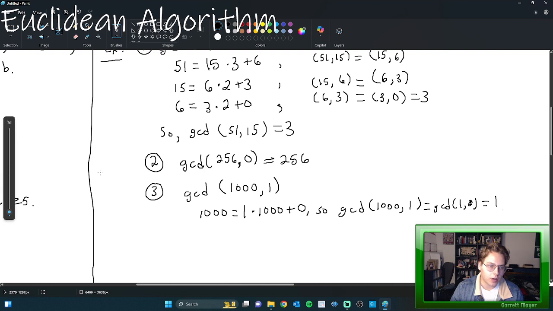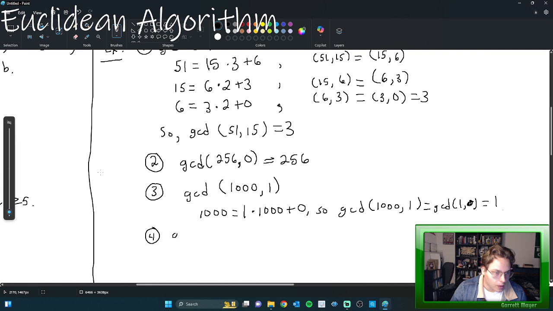And the GCD of any number and 1 is just going to always equal 1. So the GCD of any number and 0 is equal to that first number. The GCD of any number and 1 is always going to equal 1. That's a weird looking 0.